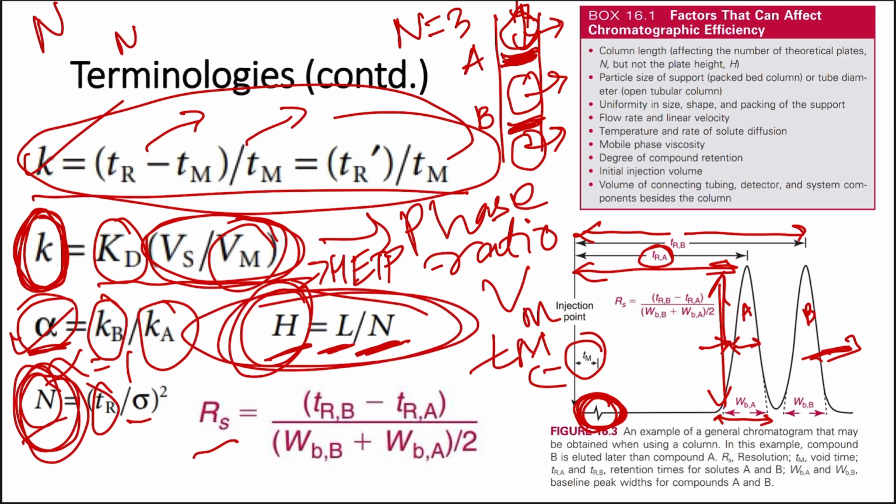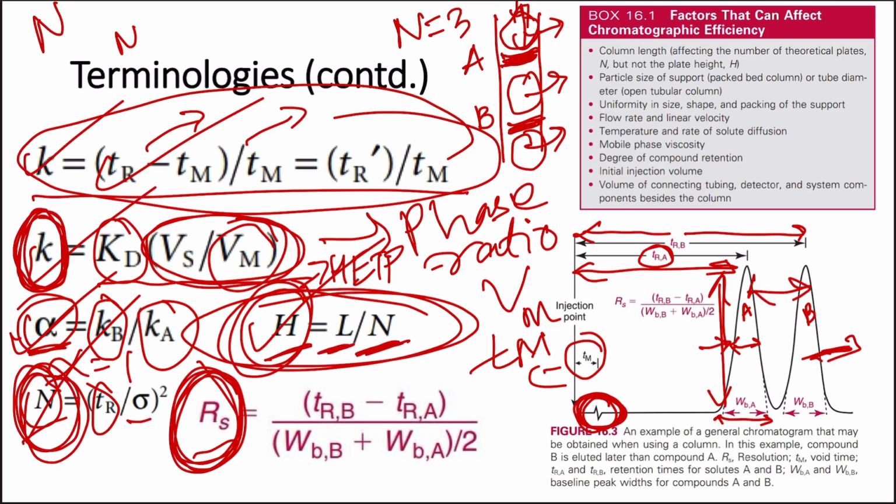So we can use the retention time, the retention factor, the selectivity or separation factor, the number of theoretical plates, and the height equivalent of a theoretical plate for measuring the efficiency of the chromatographic system. We can also use RS, that is resolution. Resolution means the capacity of the chromatographic system to separate two components and see them as two different peaks.